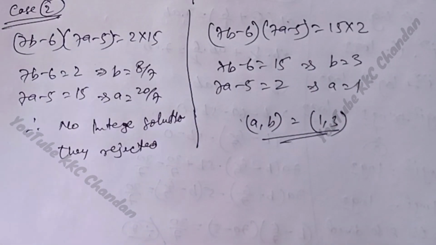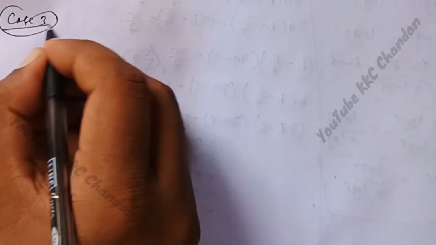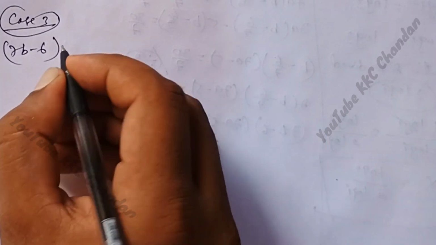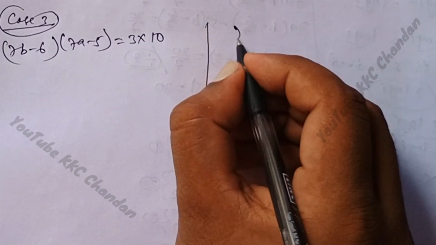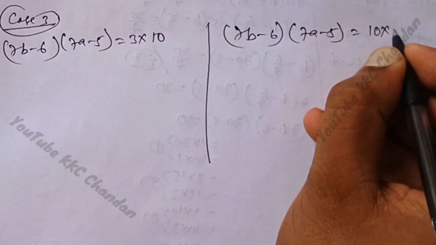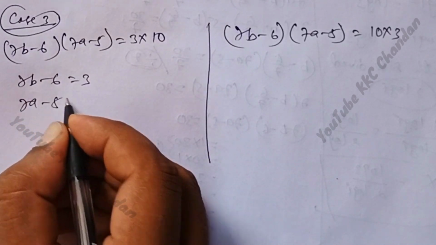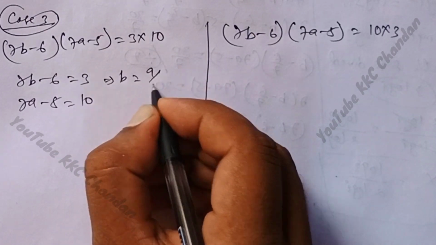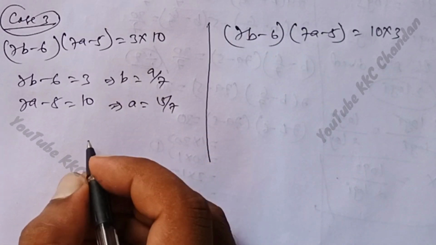Case number three. 7b minus 6 into 7a minus 5 is equal to 3 into 10. 7b minus 6 is equal to 3 and 7a minus 5 is equal to 10. Here b value is 9 divided by 7 and a value is equal to 15 divided by 7.